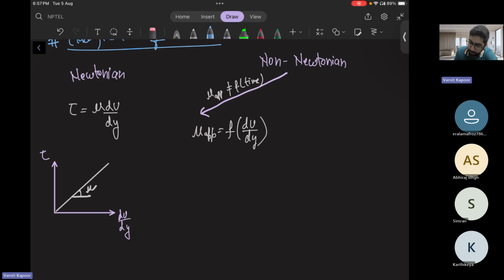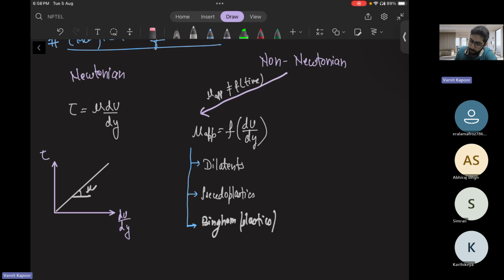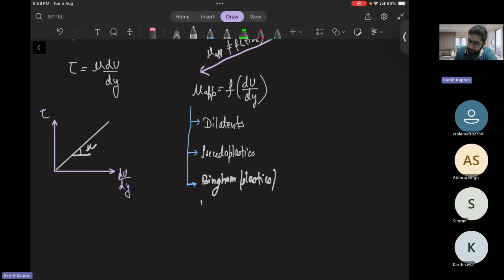These are the names of the fluids basically.